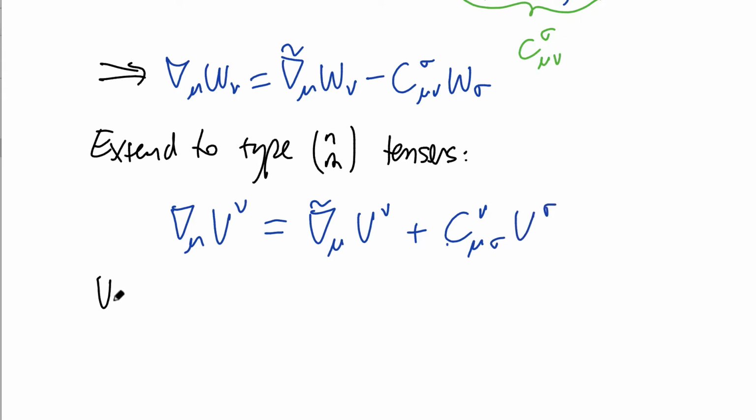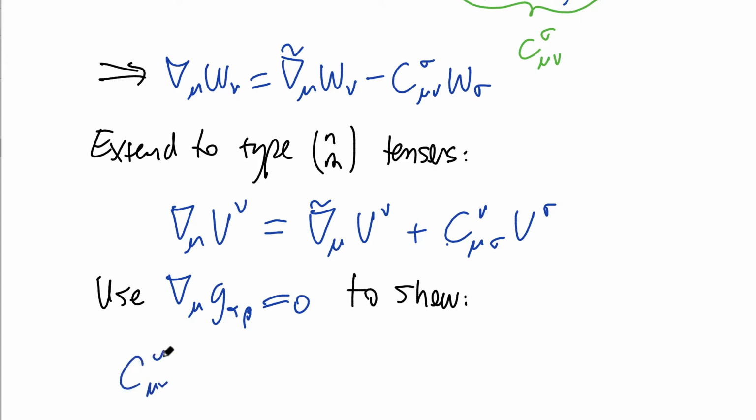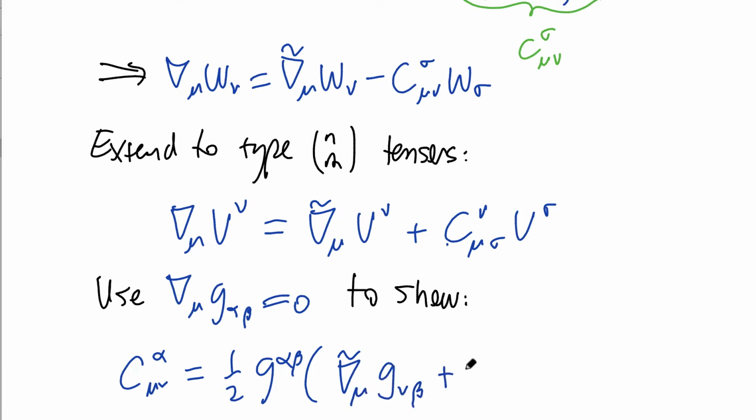For the next step, we use del mu g alpha beta equals 0 to show C mu nu alpha equals 1/2 g alpha beta times del tilde sub mu g nu beta plus del tilde sub nu g mu beta minus del tilde sub beta g mu nu.